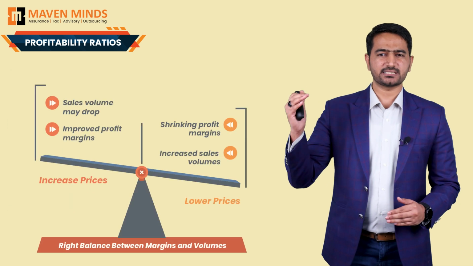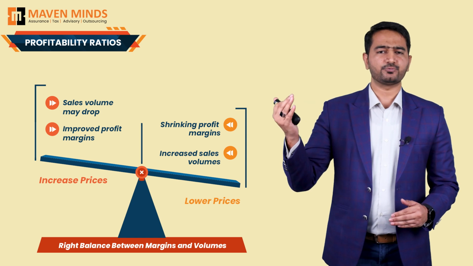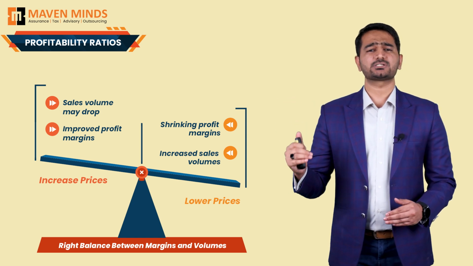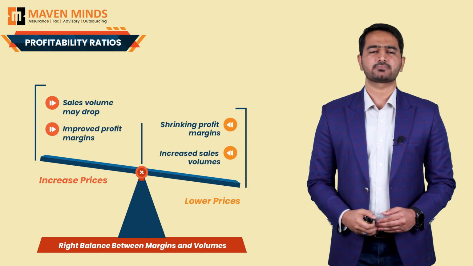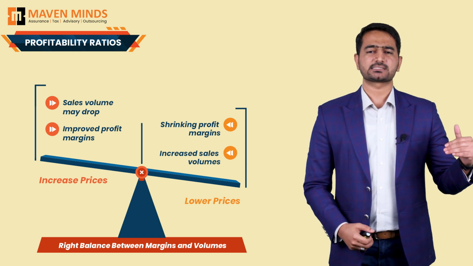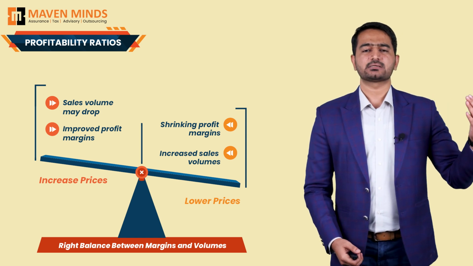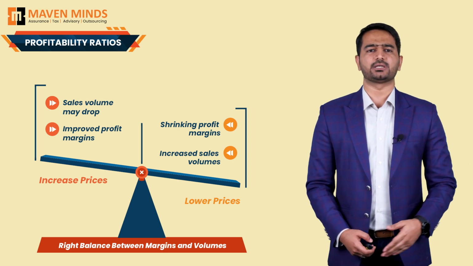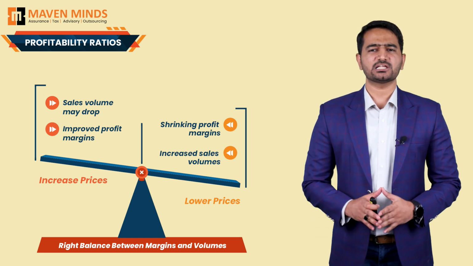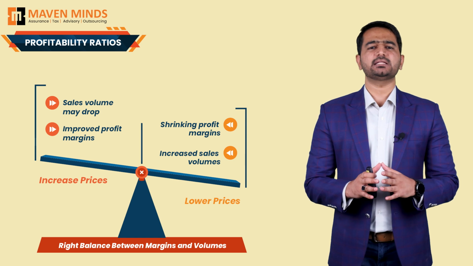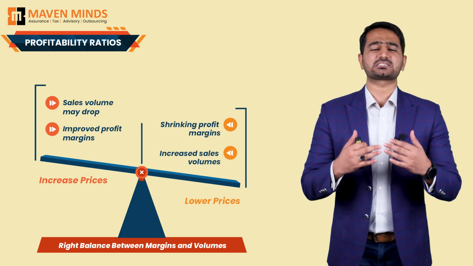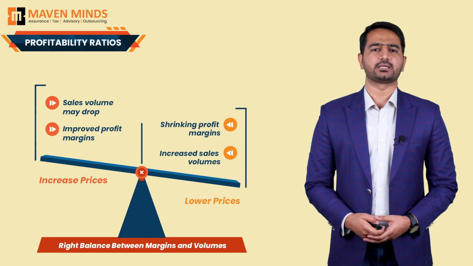If you increase prices, margin will improve, but sales volume may drop because customers might switch to cheaper alternatives. And if you lower prices, sales volume may increase, but profit margin shrinks, affecting the overall profitability. So the real challenge for business is to find the optimal balance between these two elements to maximize the return on capital employed.